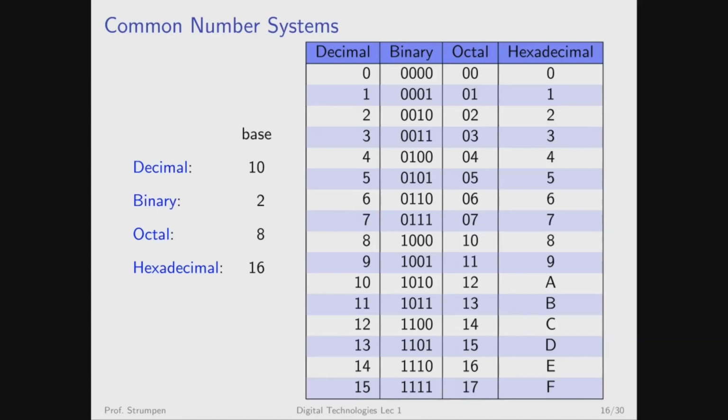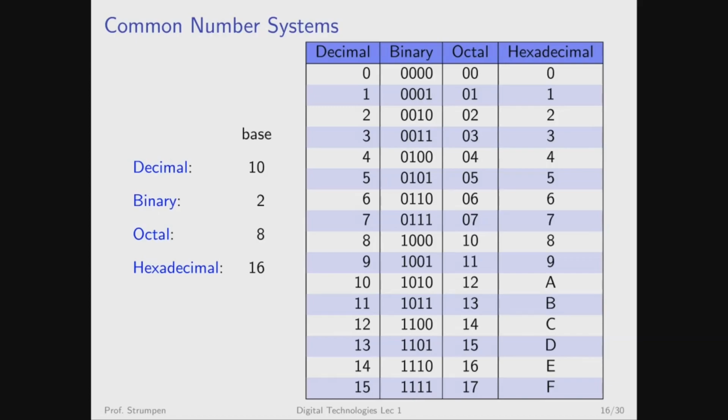Now, if we want to represent these 16 decimal numbers as binary numbers, you want to know how many bits you need to represent the largest of these numbers. Well, you know how to do it. Q equals 4 in this case, and the binary numbers are listed in the next column.